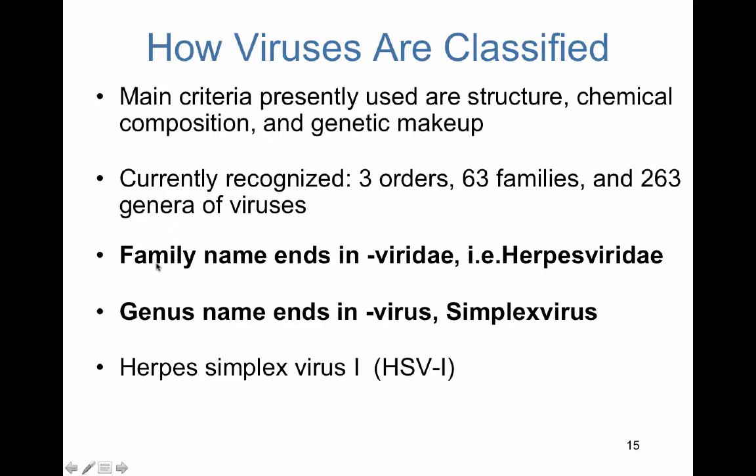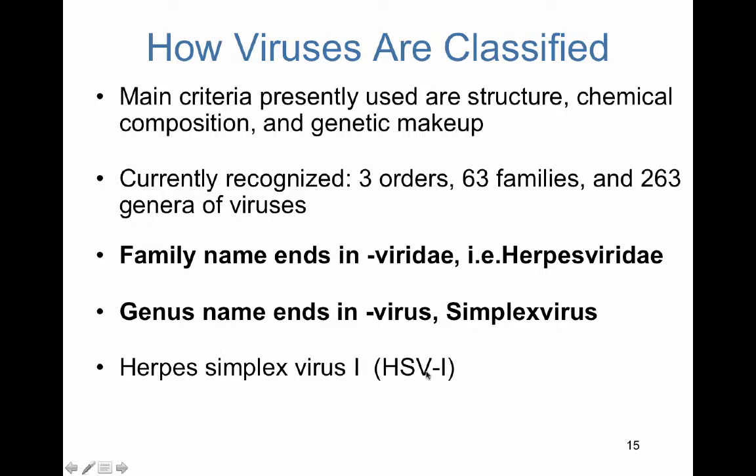And I would remember family name, it's always Viridae. So herpes viridae, for example, is a viral family. Within the herpes viridae viral family, there is a genus called simplex virus, which always ends in virus.